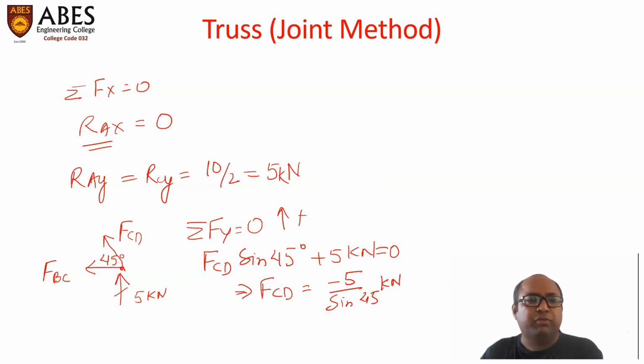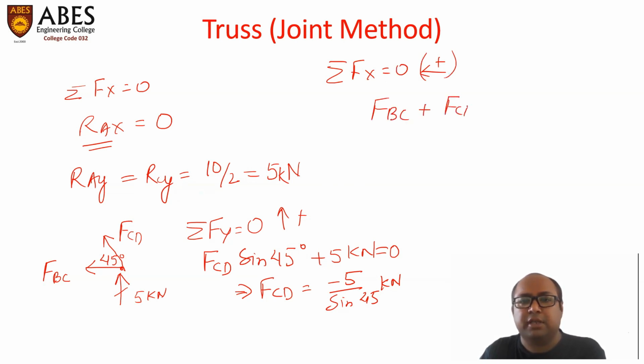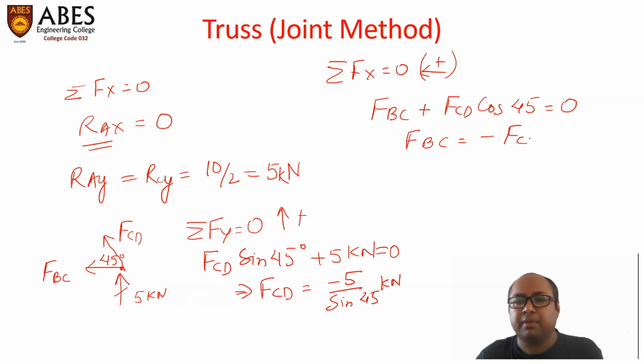Now let us move to member BC. So now we are taking the horizontal component of the force. Sum of Fx equals 0, taking left side as positive. So we can write FBC plus FCD cosine 45 equals 0. We are interested in finding FBC. This will be minus of FCD multiplied by cosine 45.